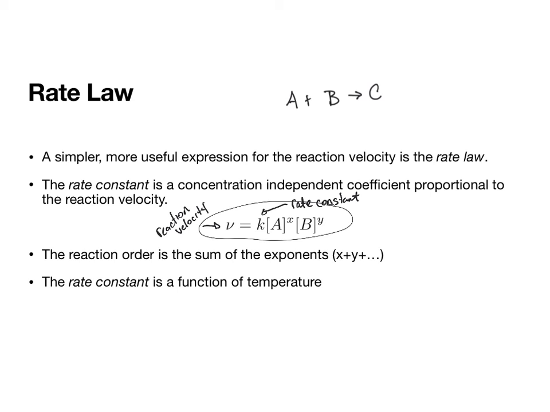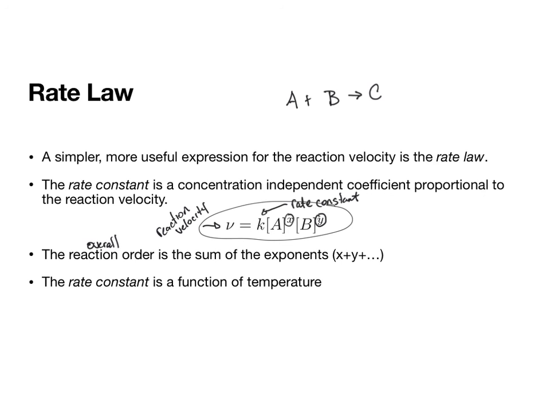Now, x and y are related to the reaction order. The overall reaction order is the sum of x plus y plus z plus a plus b, if we have more reactants involved.